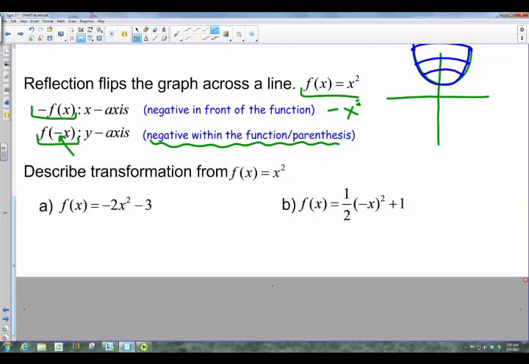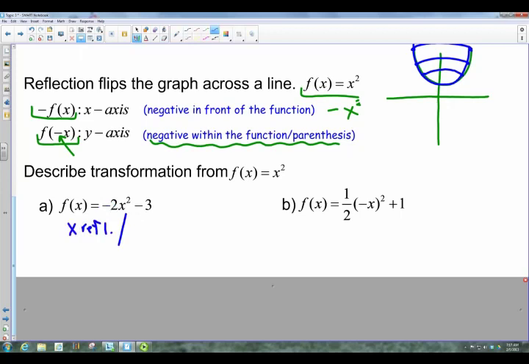And again, it's just to describe the transformation. We've got a couple things going on. If you notice, we've got a negative here, we've got a 2, and then we've got a -3. These are all three different transformations for this graph. Well, we can start with this negative out in front. A negative out in front of this 2x squared is an x reflection, so you just list it as an x reflection.